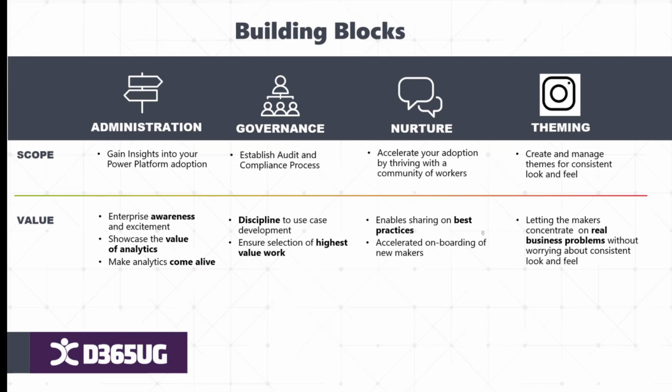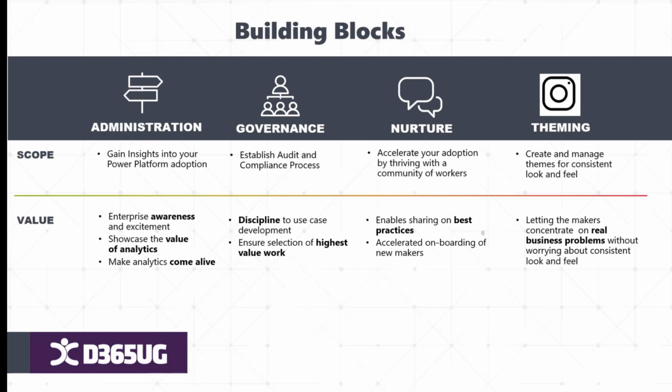First is the administration, which is basically gaining insights into your Power Platform adoption. It's gathering the insights that you might have as a result of the platform being used. What is the value it drives? It's giving you the analytics that are coming alive. It showcases the value of the analytics. It creates enterprise awareness and excitement.